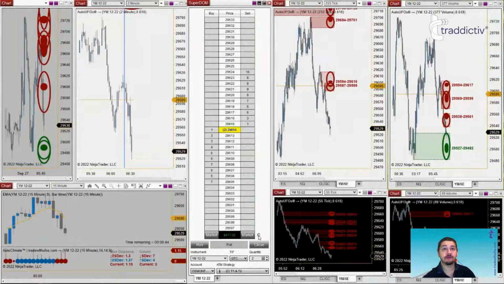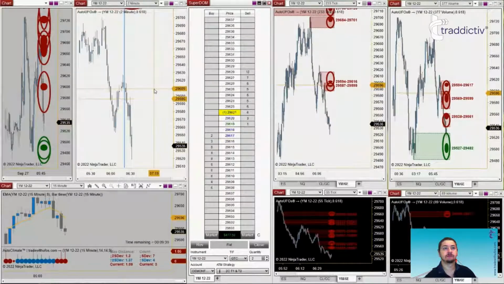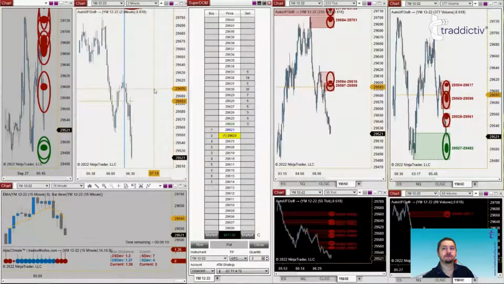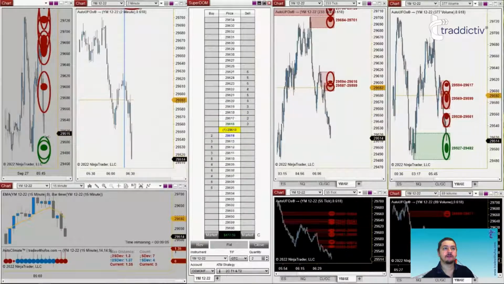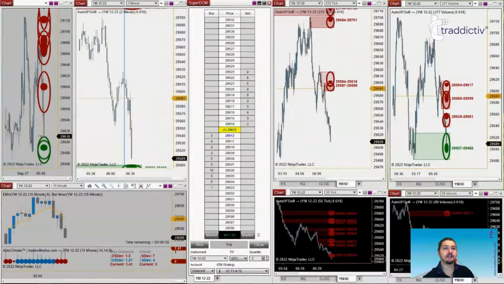Okay, I'm not quite sure. Did it touch that? No, it did not quite touch it just yet. All right, it's coming fairly close. We just needed to touch that band right there, and that's that. That would have been a close, and that would have been the ultimate, the correct T2.